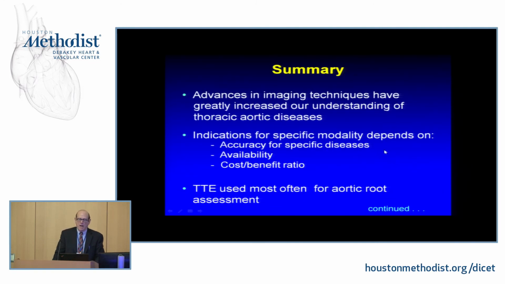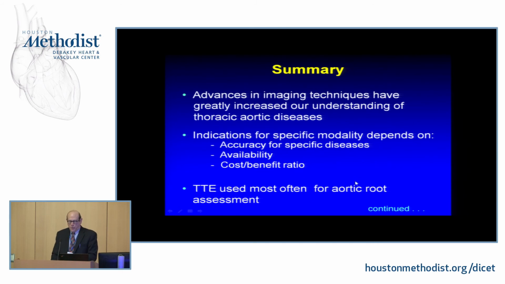So to summarize, our imaging techniques with CT scan, MRI, and echo have really helped us tremendously in these diseases. They're all very accurate. Your choice should depend on how available they are and the expertise at your own center, and look at some of the other features of them.